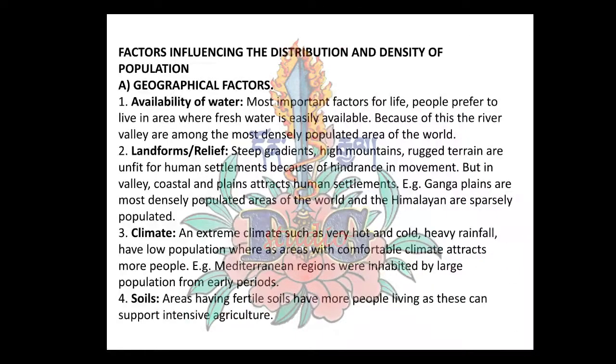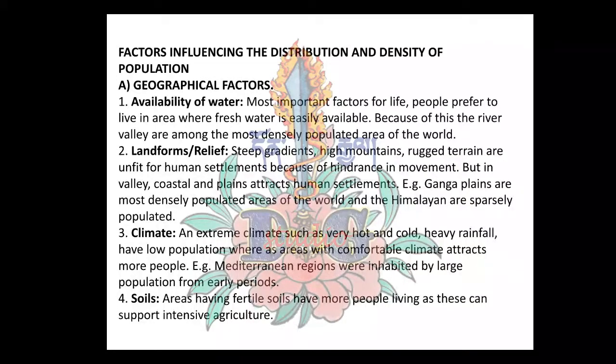So the next topic that we are going to discuss is what are the factors that are influencing or affecting the uneven distribution and the density of population in the world. Based on your textbook, they have classified into geographical factor, economic factor, and socio-cultural factor. Based on geographical factors, availability of water.